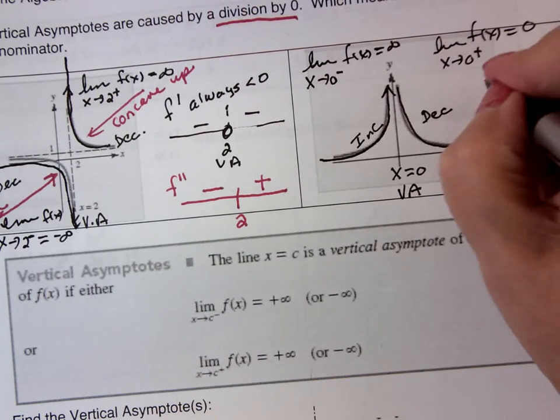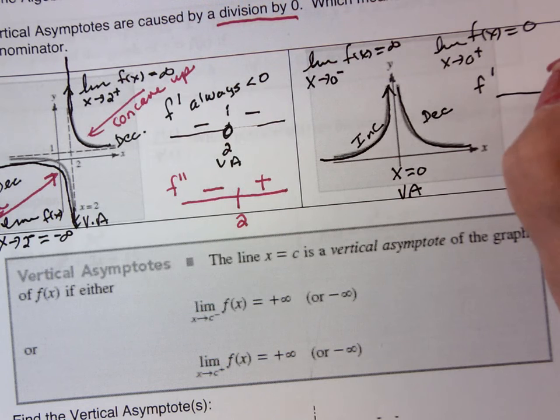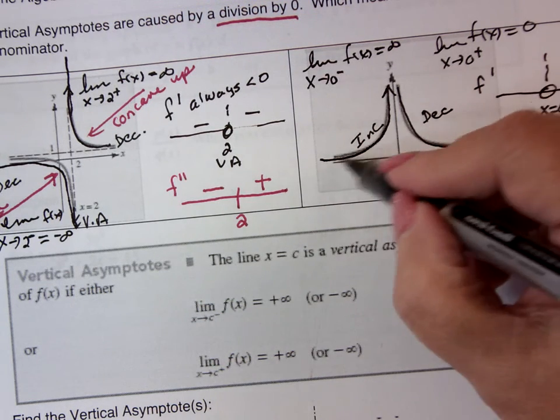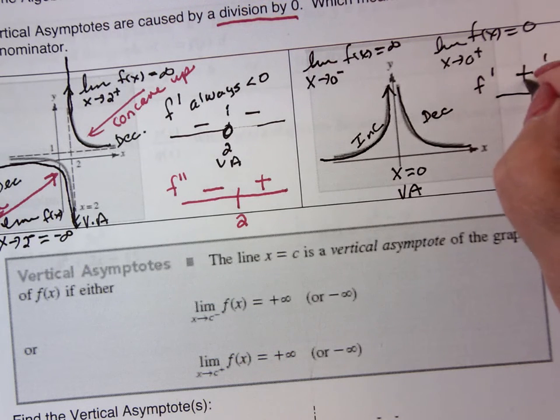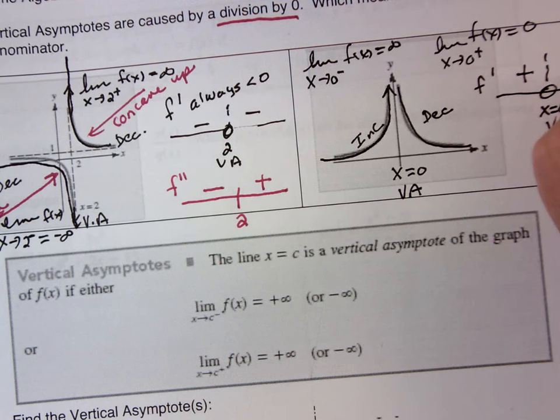So if I look at f prime, he lives and dies by the VA. That says on the left-hand side of the VA, f prime is positive, and on the right-hand side of the VA, f prime is negative.